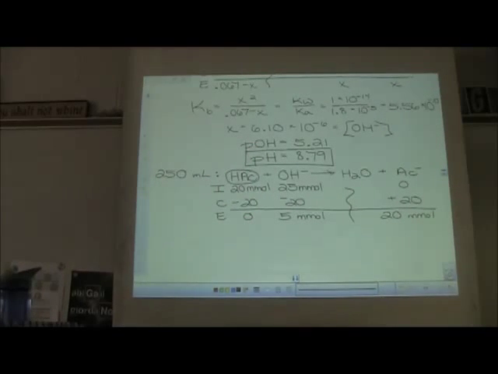That's all fine and good, but I need a molarity here. How do I get that? Well, I've got an amount. Divide by what? The total volume, which is 350 milliliters.